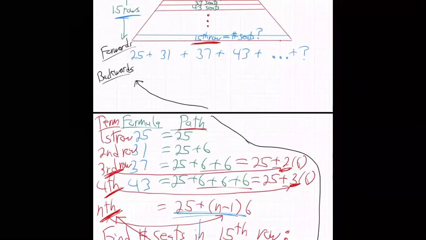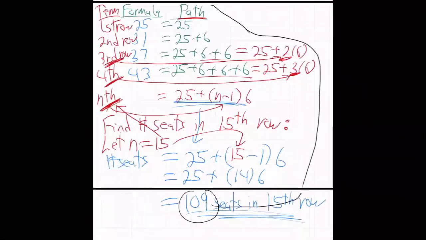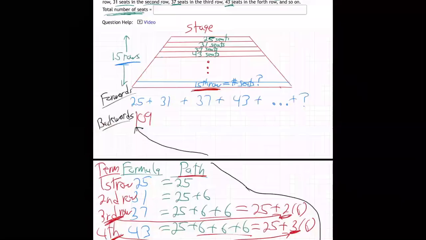And so that's going to be 109. I forgot. Oh, and this last number over here should be 109, right? This is the 15th row.